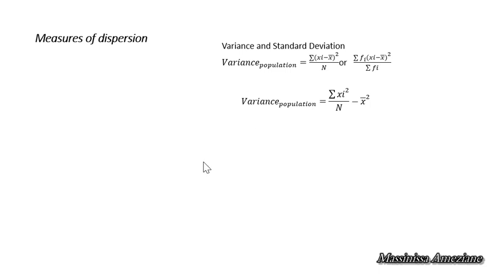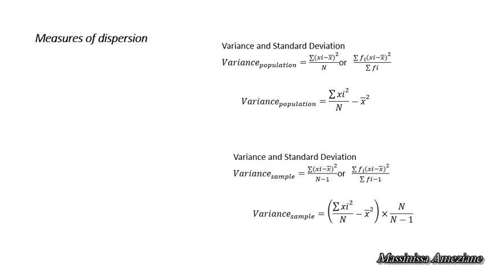Now we said this is for a population. In case we have a sample, not a population, we need to adjust it by dividing by n minus 1 instead of n. So the variance for a sample is the sum of xi minus x bar squared divided by n minus 1.